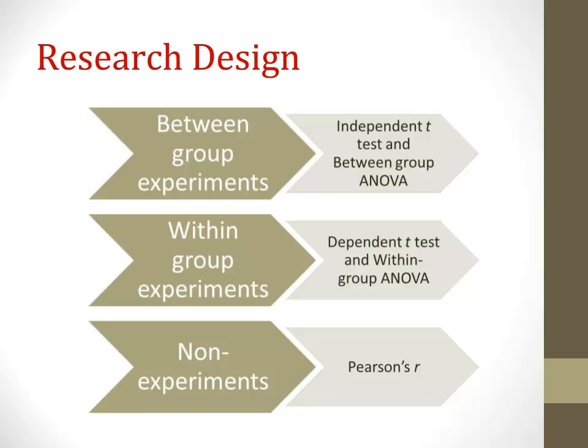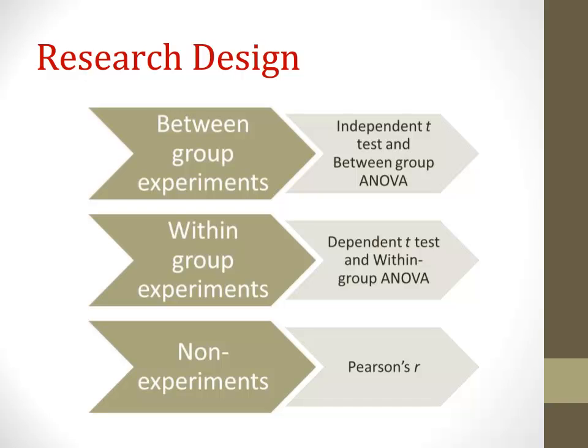This would be more appropriate for a within group experiment that involves the comparison of means for quantitative variables across one group. And then sometimes a researcher simply wants to conduct a non-experimental design, such as a correlational study. And this, remember, involves measuring quantitative variables and examining the relationship between them.